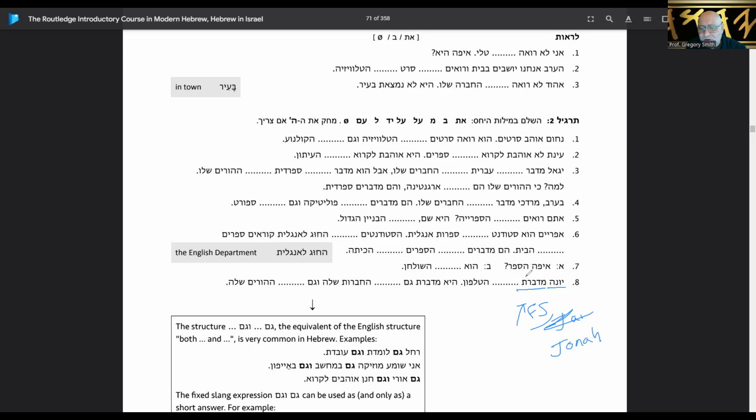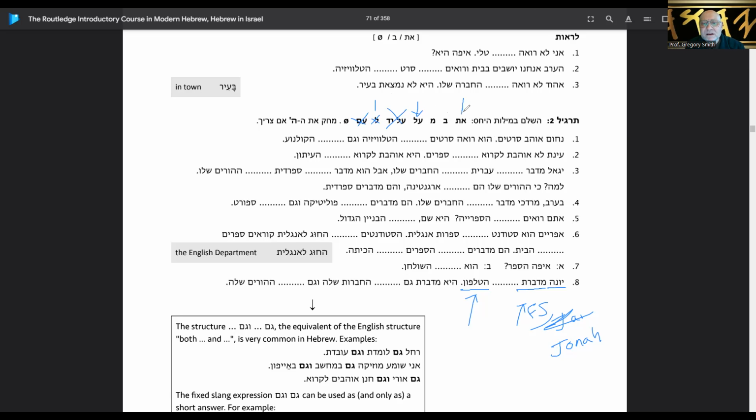Yonah melaberet. Okay, so Yonah is speaking blank. Now literally right now it says blank the telephone. So I think the proper way to say this is on the telephone. It's talking on the phone, on the telephone. Okay, in, with or on. I see. This is a possibility. It's definitely not this one here. It's not with the telephone.